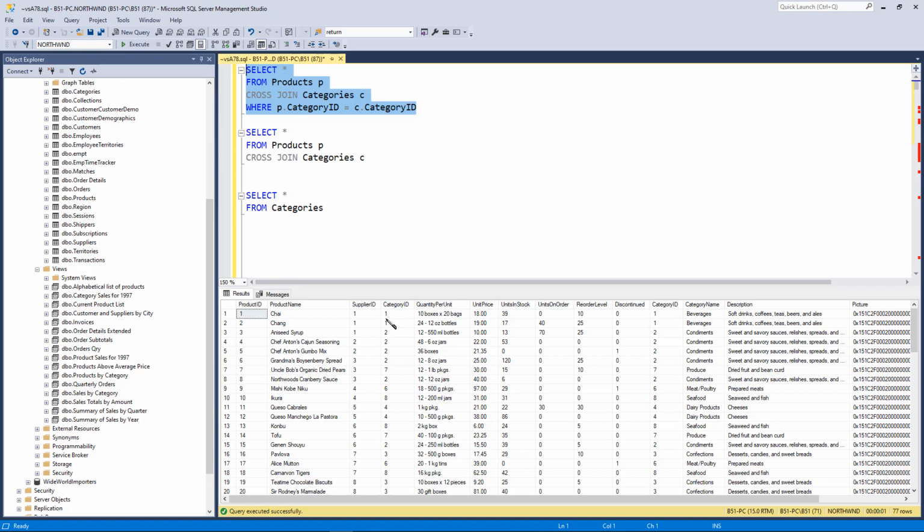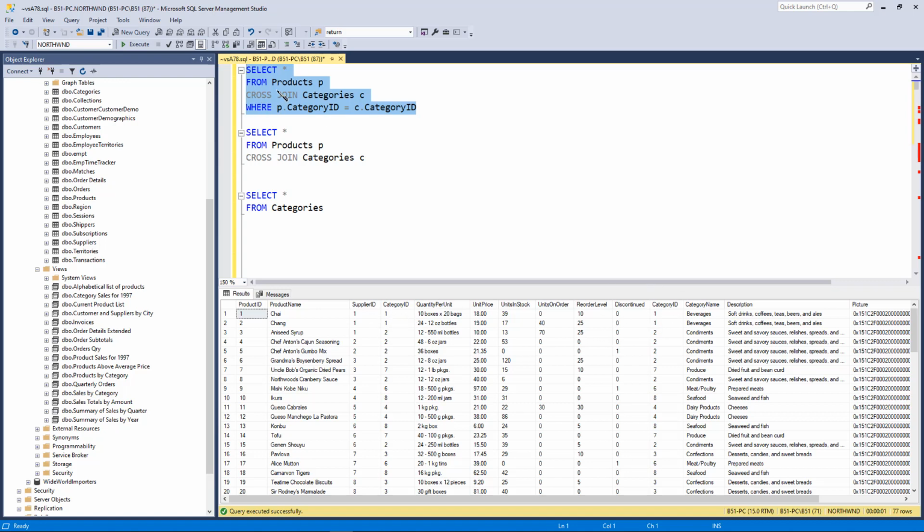We have only 2 products in category number 1, so from the table of categories we get only 2 rows. Because this is one to many, the 1 is multiplied by the many. We have in categories only 1 row of 1, but when we connect it to products, it is multiplied by many, by 2. But not more, because with the where we want only rows that are connected in category ID.